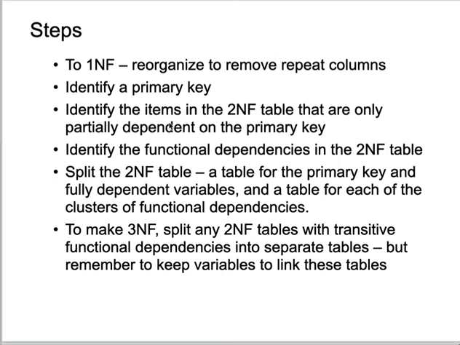There was the order and the item, and then the number of items ordered was dependent on that. And I could pull that out to identify the second normal form tables that are only partially dependent on a primary key. So what I'm doing is I'm splitting that table up. I have that original item order table, and then the items table and the orders table. And so basically I have split into second normal form.